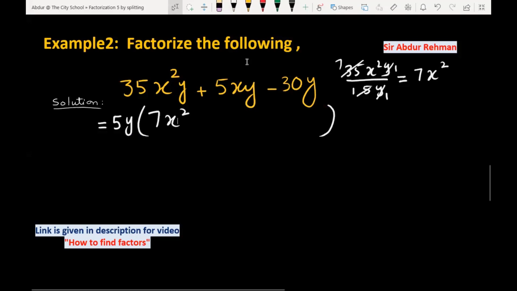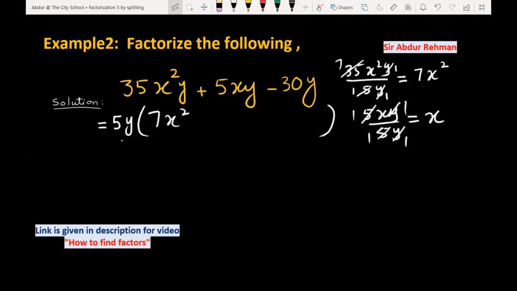The second term, 5xy over 5y: 5 by 5, y by y, positive x here. And the last term, minus 30y divided by 5y: y cancels, 5 sixes are 30, minus 6.